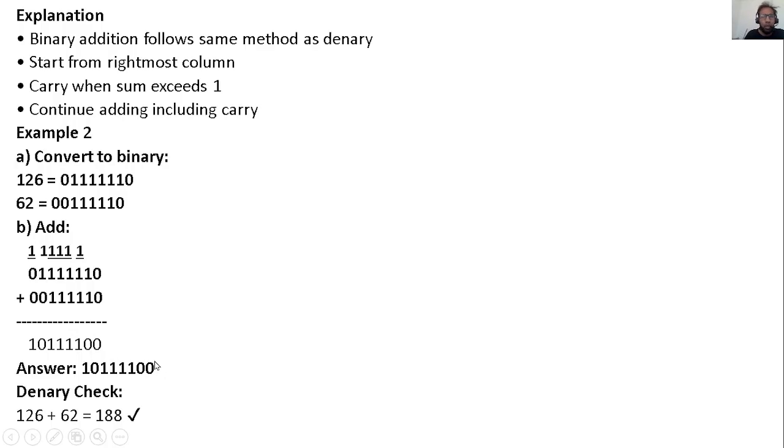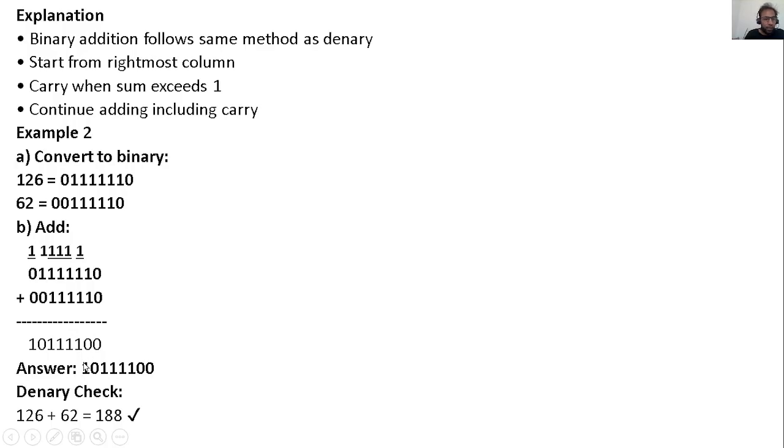Let me tell you verbally. Let's say you put the place values here. This value is 1, this is 2, double it 4, double it 8, double it 16, double it 32, double it 64, double it 128. Now when you add 128 with these values, you will get the answer 188. How?